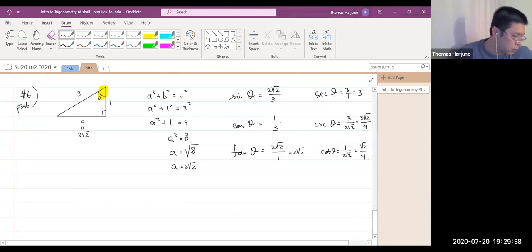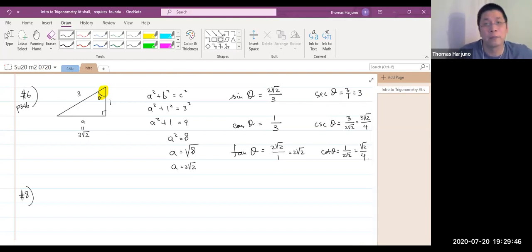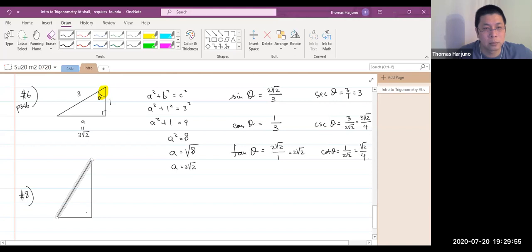Then let's go on further. Suppose we do number 8. It's a more abstract situation. Number 8, we have this graph here. And the theta is here. They don't give us numbers.